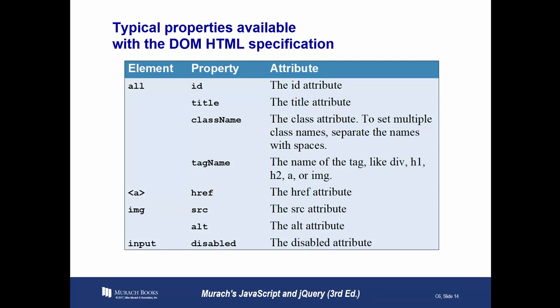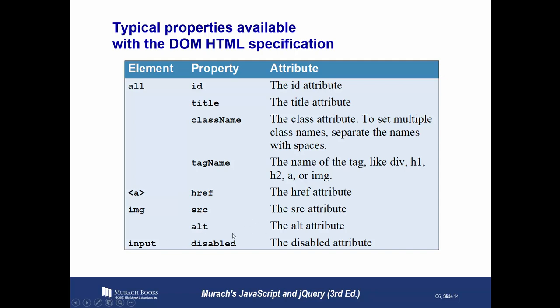Some of the properties that are available to you from within the DOM spec are shown here. All elements can have an ID, a title, and a class name. They can have a tag name. Anchor elements have an href attribute. Images must have a source and an alt attribute.